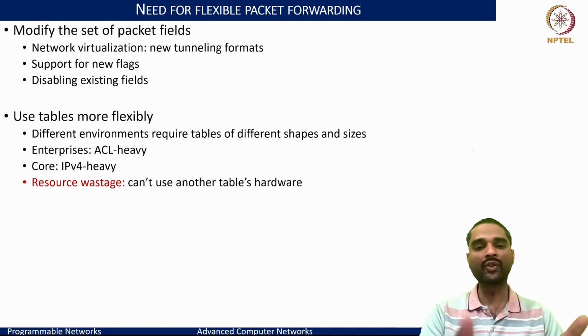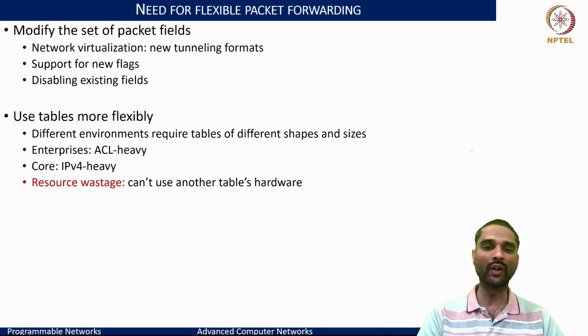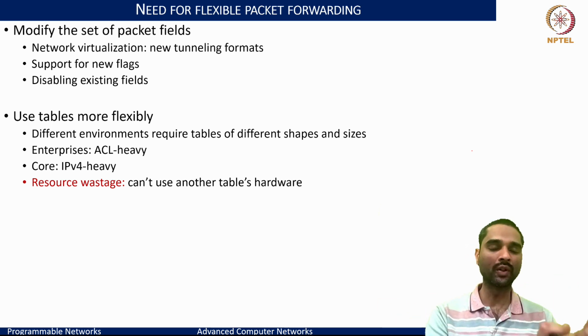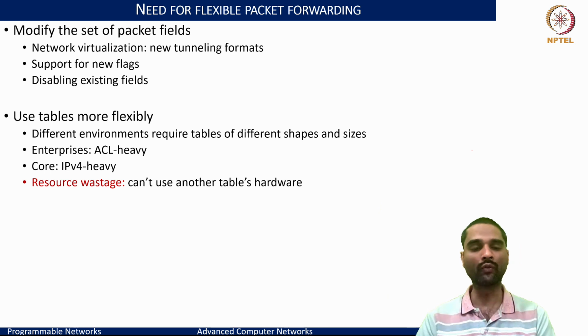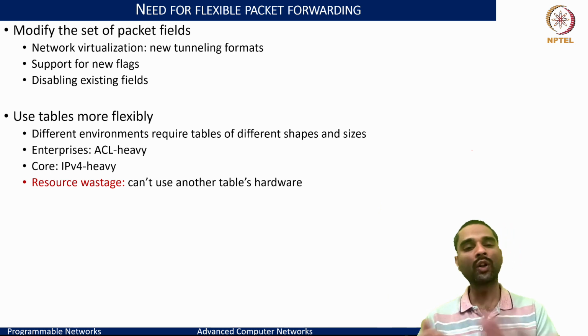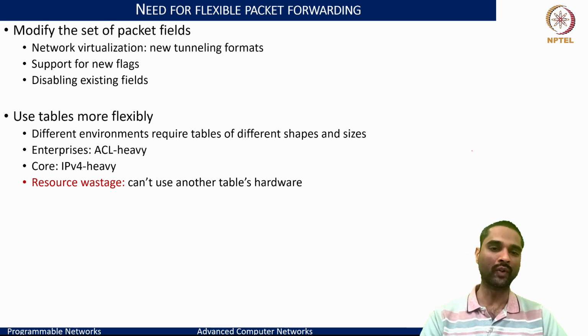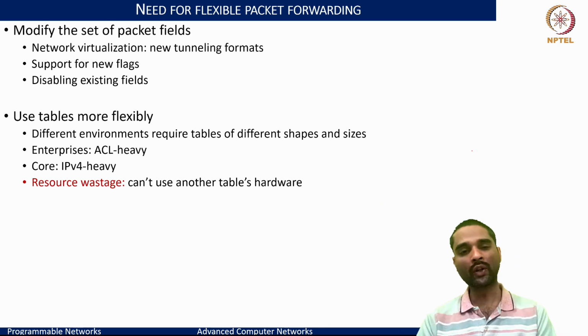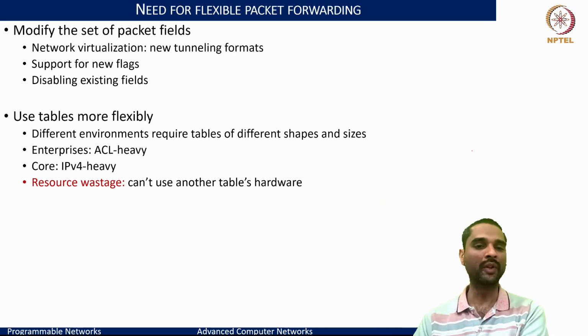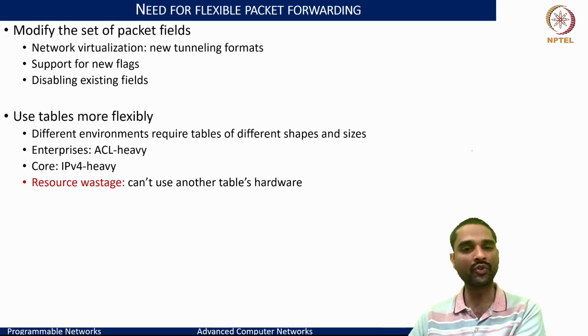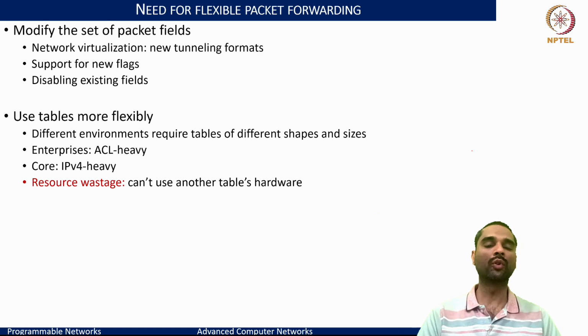So if we had such match action tables given by one vendor, where you had tables given for ACL and tables given for IPv4, you may not be utilizing the resources equally either. Because in core networks, you will not be using ACL tables. That means you are wasting those resources, where in fact we could have used the same for many more rules at IPv4.